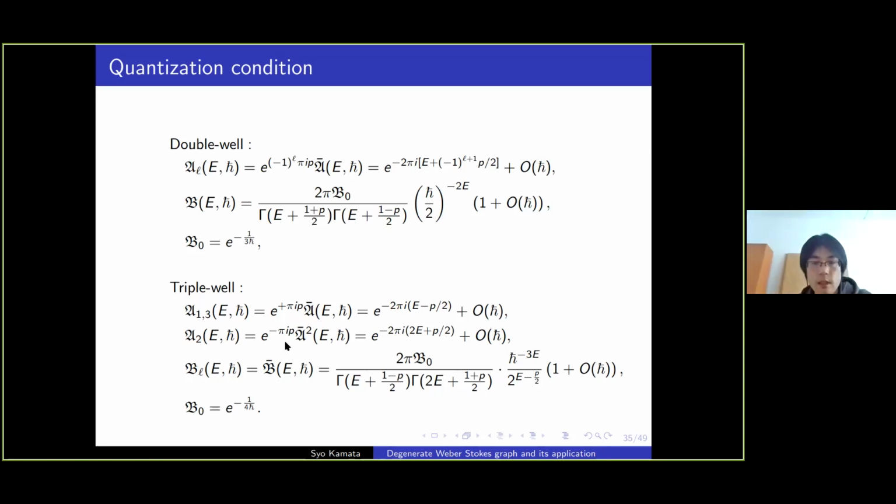Okay. And the important thing is that in this case, we now have two independent vacua for the triple well. Actually, this difference corresponds to the inner vacuum or outer vacuum. On the other hand, in the case of the double well, the curvature is basically the same, so that's why this coefficient is the same. However, in the triple well, this coefficient is slightly different.